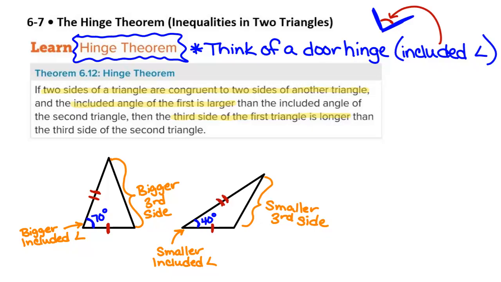All right. Let's see if we can use the hinge theorem now to solve a couple of problems. I'll leave this up on the screen for just a little bit longer so that everybody that needs to can get this copied into their notes.